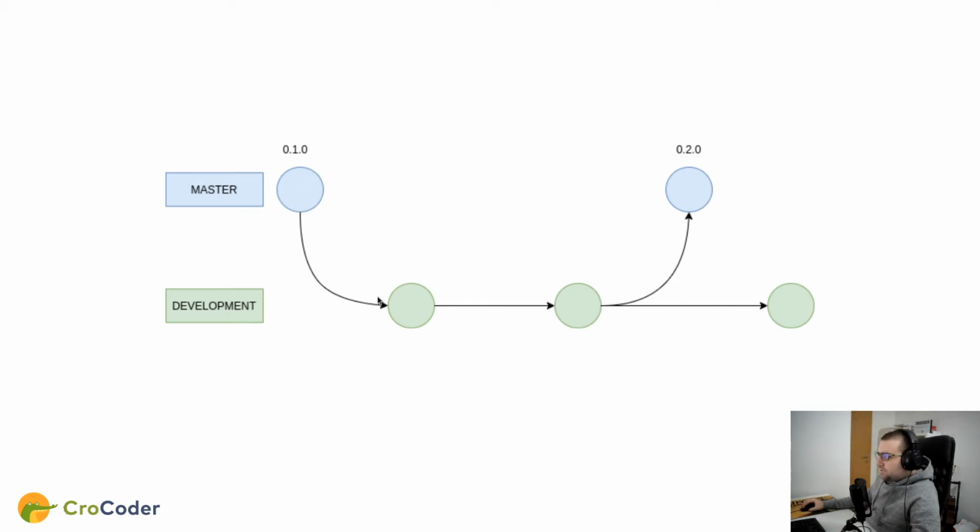We branched from master to development. Master is on version 0.1.0, and we did something in here. And then we merged back to master. Now our master becomes 0.2.0, a minor version created here, and we can develop more on here, or we can just push that master and somebody sees that.